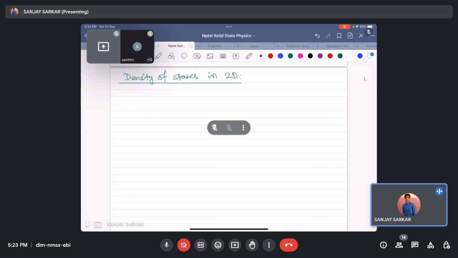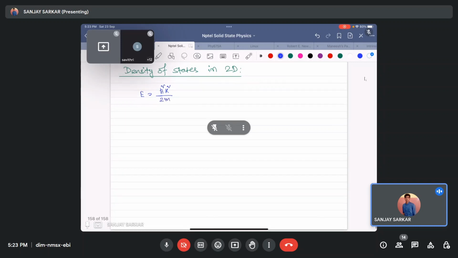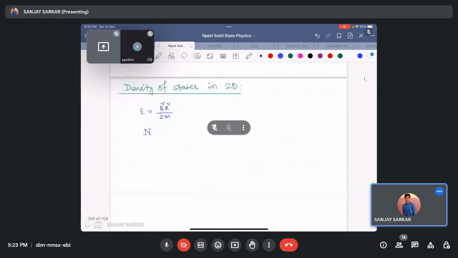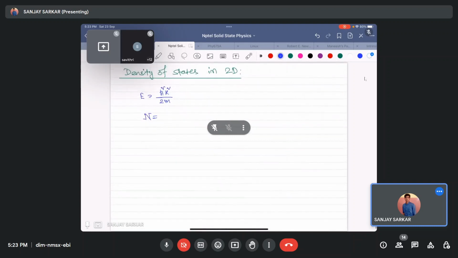The dispersion is again the same. You first need to calculate n, the same way I did for 3D, and then calculate del n del E. Write n in terms of energy, then calculate del n del E, and then the density of states D(E) is just 1 by V del n del E. So please do that for the 2D system.